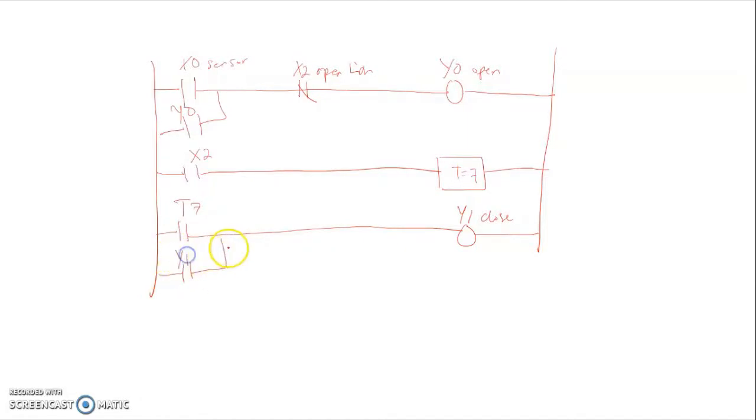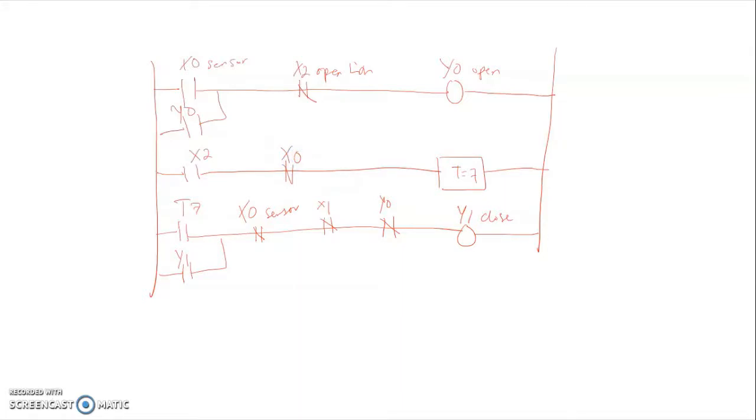So this is Y1, and the close door function will not go on if we have someone going through, so X0, or if we have reached the close limit, and if Y0 is turned on. And the timer will also be deactivated when someone is going through. Okay, so this is our ladder diagram.